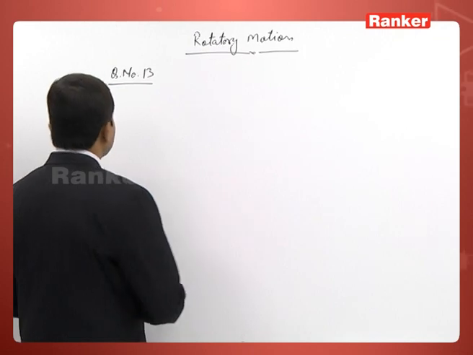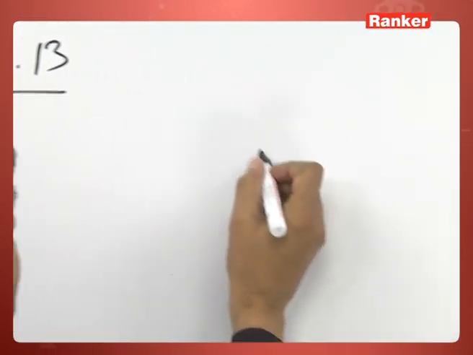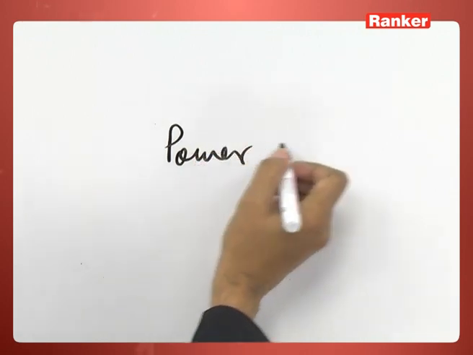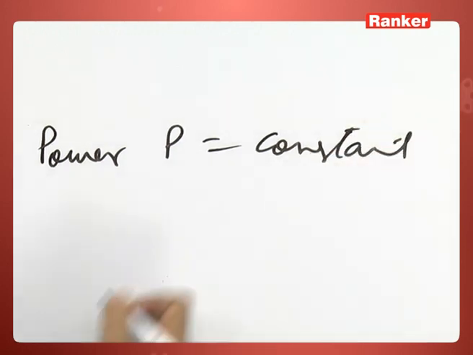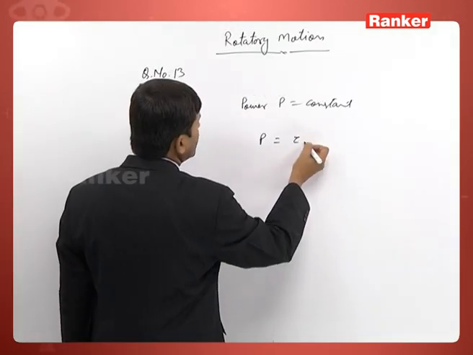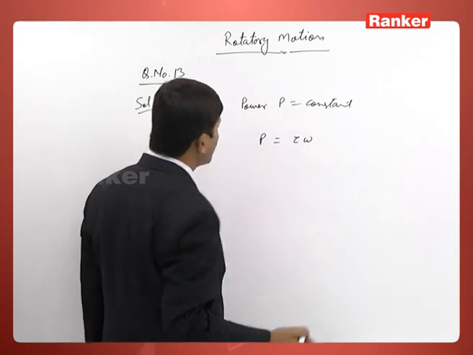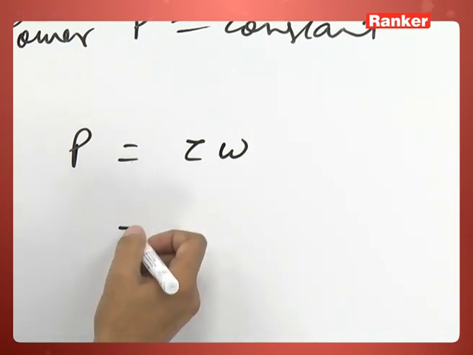See, so power is constant, power P is constant. The power P is written, as we know, as torque into omega, and that is constant here.